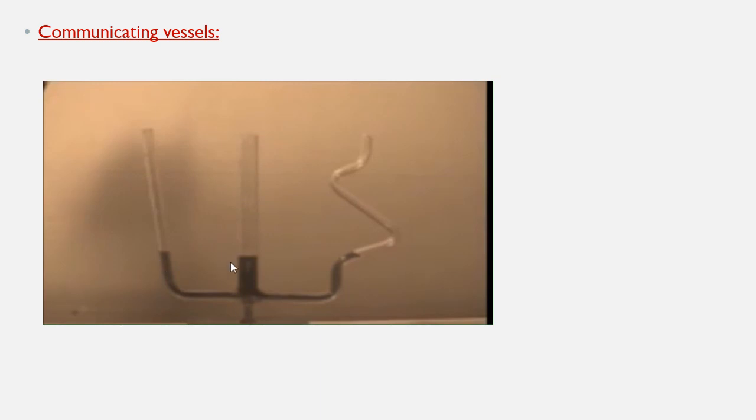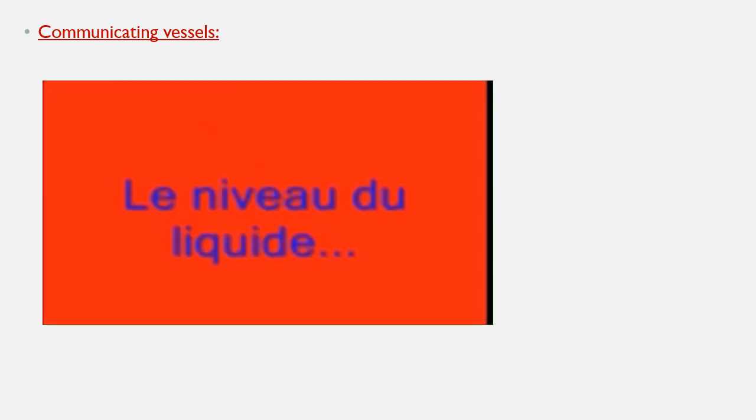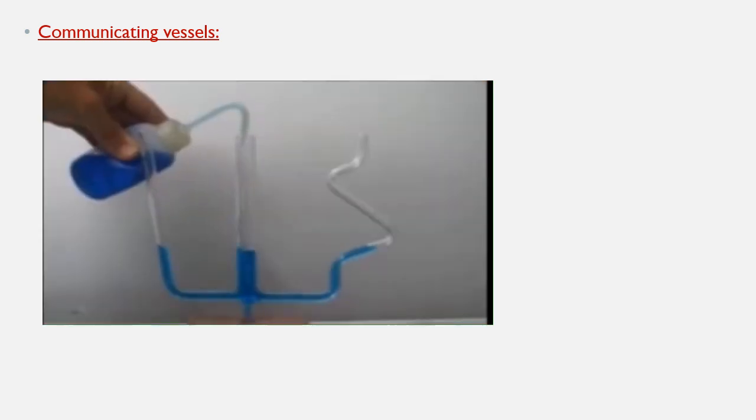So here is a conclusion. All the vessels were filled with water at the same level. All of them have the same level of water. Now let us try to fill the second vessel with water.